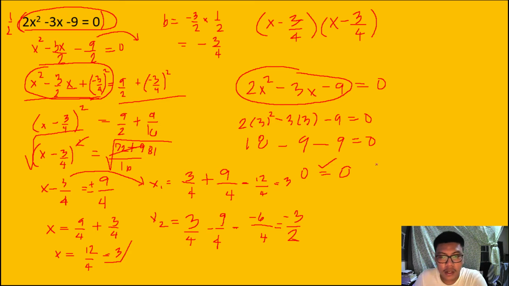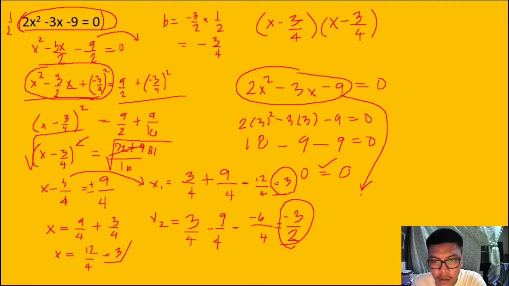Now, let's try. Na-try natin yung 3, di ba? So i-try natin yung negative 3 halves, okay? So sundan lang natin ulit yung equation na yan. So 2 times negative 3 halves, squared, minus 3 times negative 3 halves, minus 9 is equal to 0.